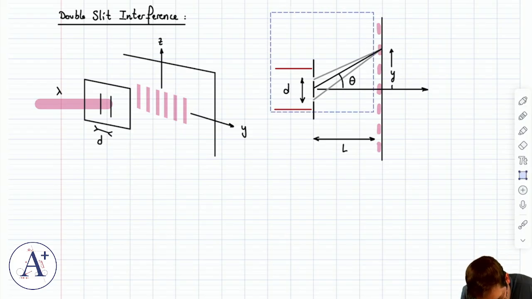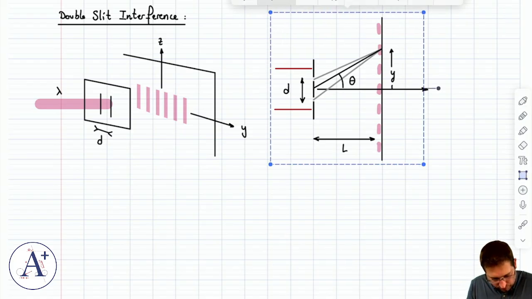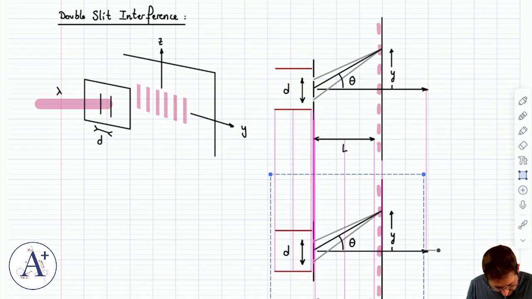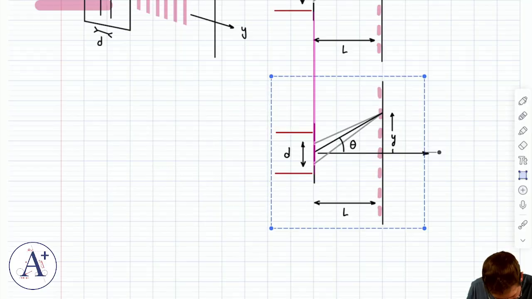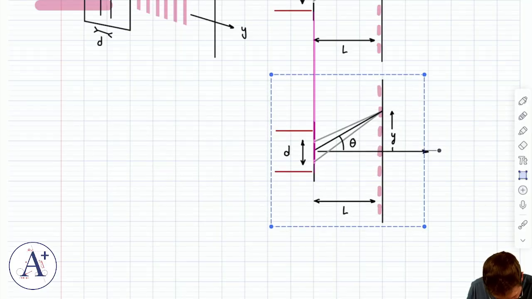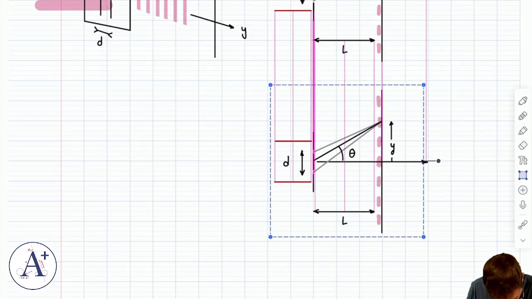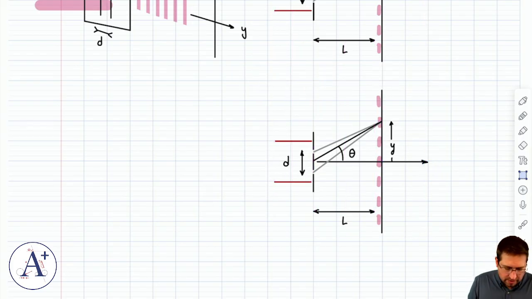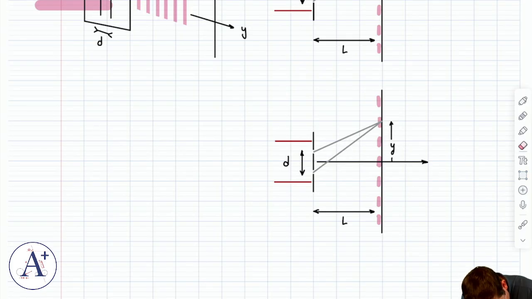So here's our setup, right? Viewed from above, we have these two slits and the fringes on the screen and all of that, and that's all fine. Let me erase this for now.